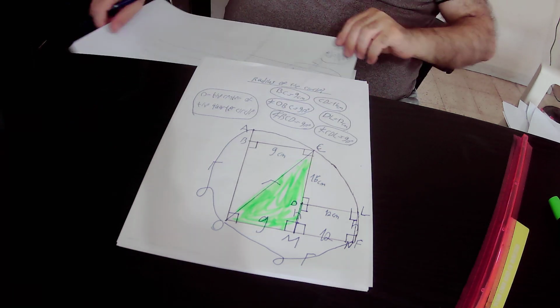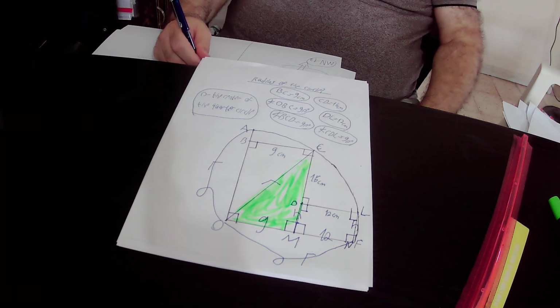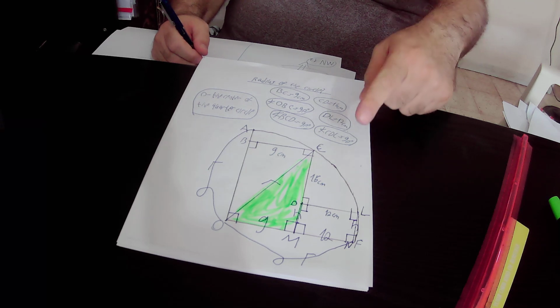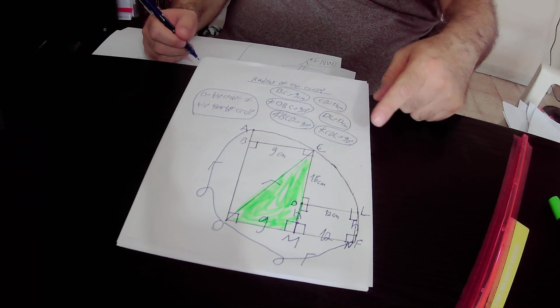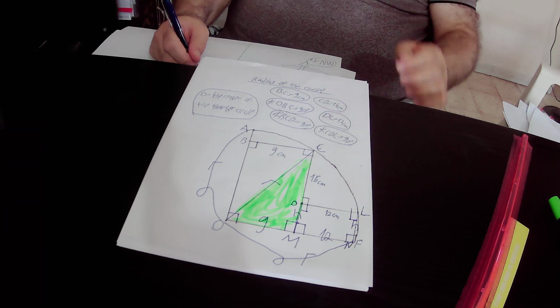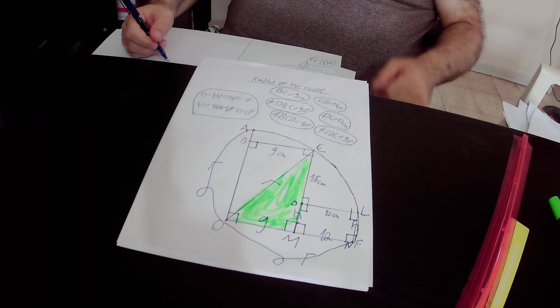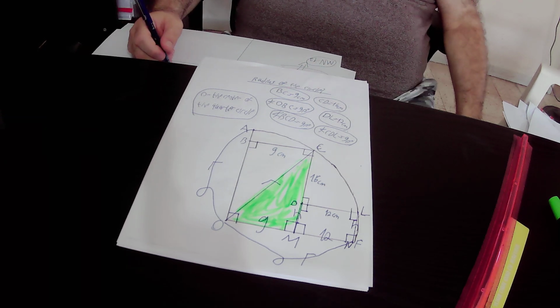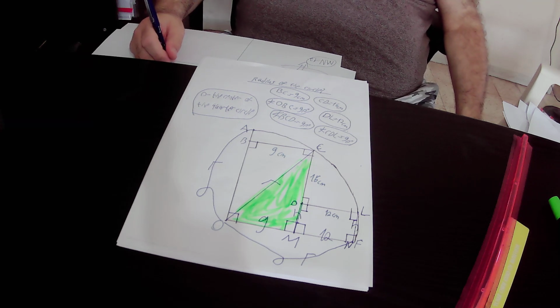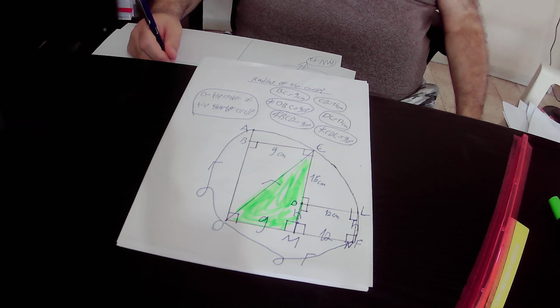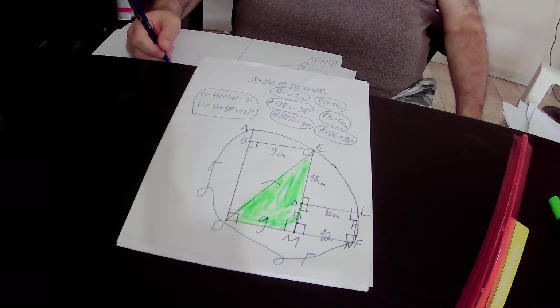Here OC equals R, therefore OC square will be equal to R square, and it is equal to OM square. OM equals 9, therefore OM square is 9 square, that is 81, plus CM square.